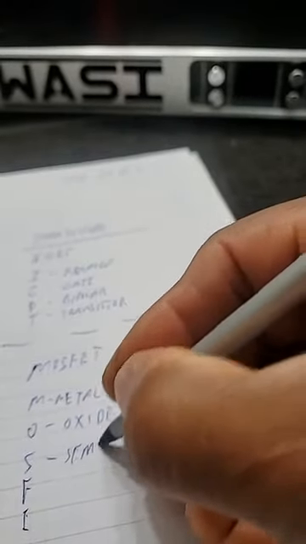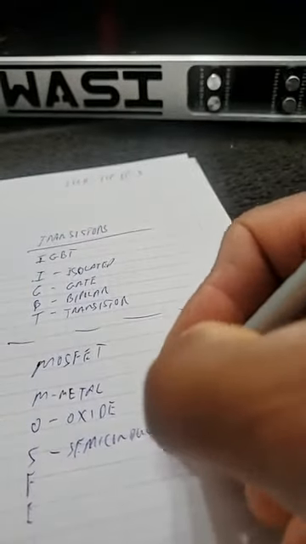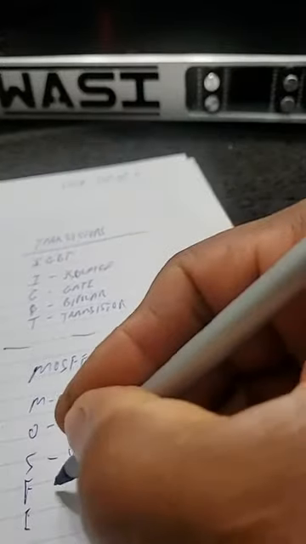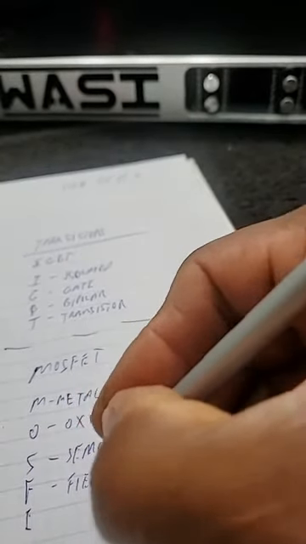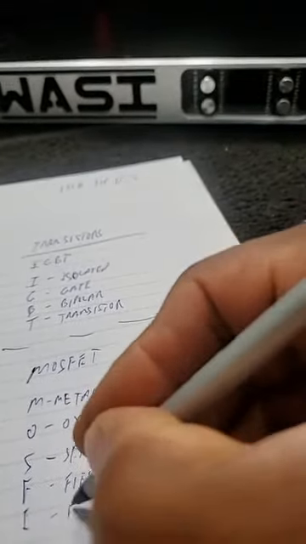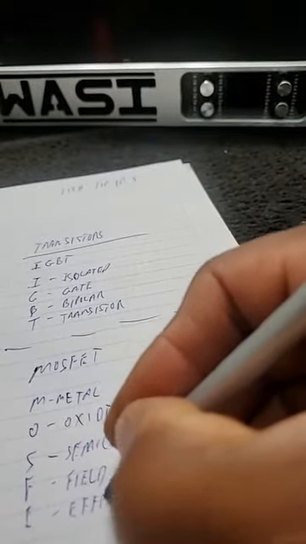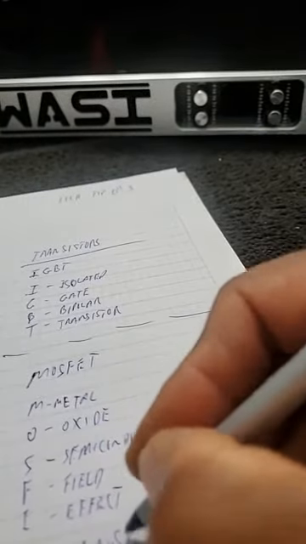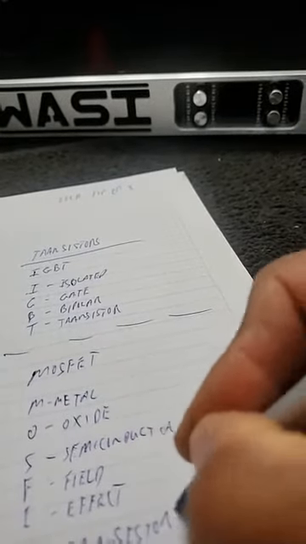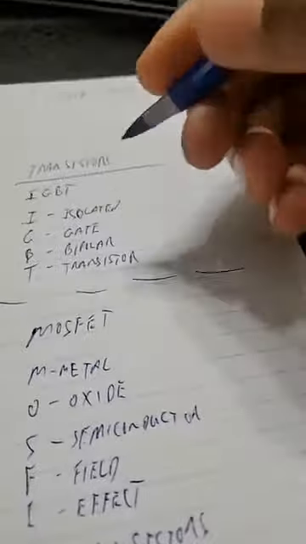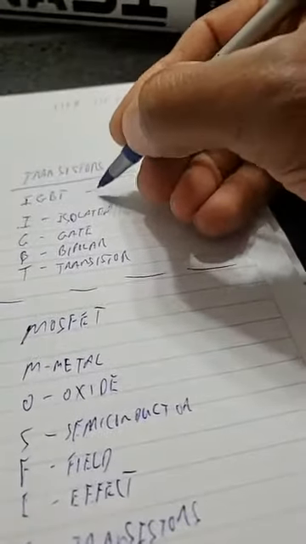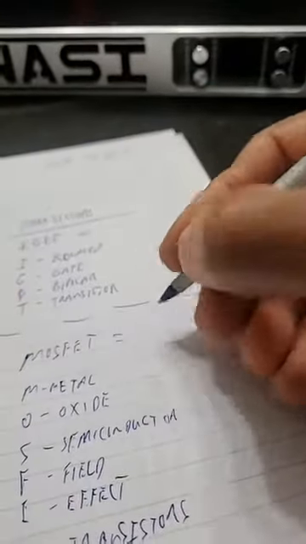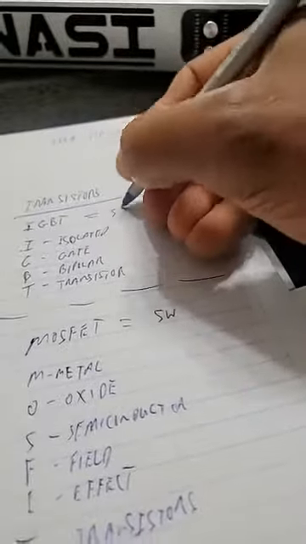Okay, semiconductor field effect transistor. Again, so these are both transistors, right? And they're basically switches. The IGBT is a switch and the MOSFET is a switch. So both of these are switches.